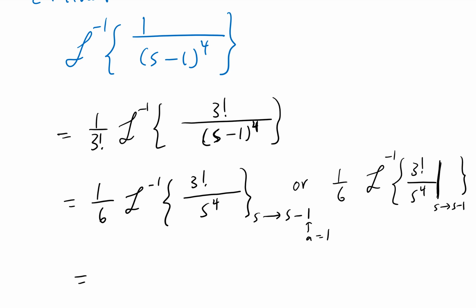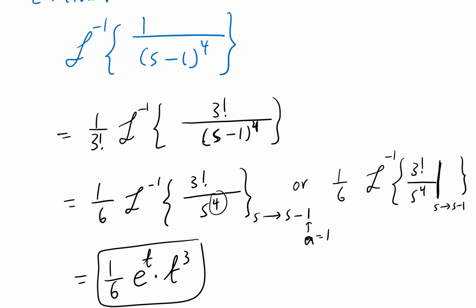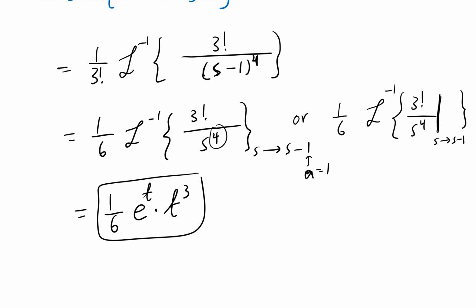So then this is 1 over 6. This reminds us of e to the, remember a is 1, so 1t times t to the third power, because this is always one more. So that would be the inverse Laplace.